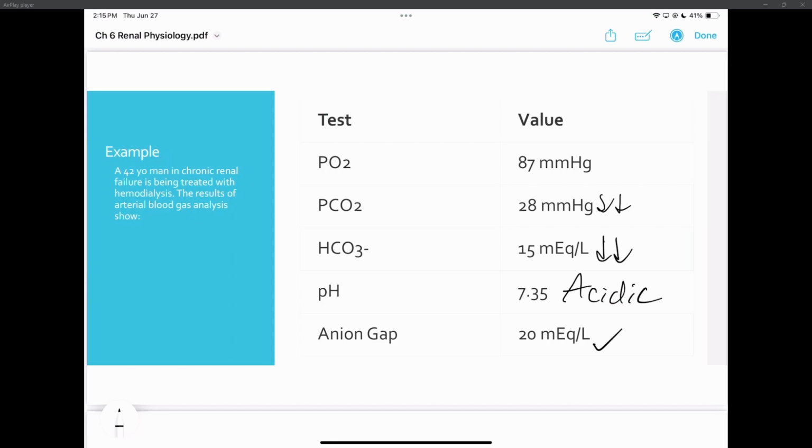CO2 being low. Is that alkalotic or acidic? Alkalotic. We're low. So what do you think this person's going to do with their breathing to compensate for this metabolic acidosis? They're going to increase their breathing rate to offset the metabolic acidosis.